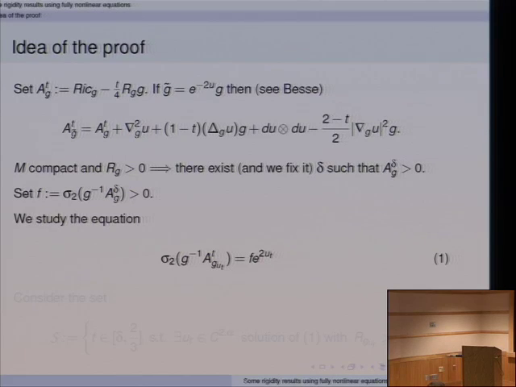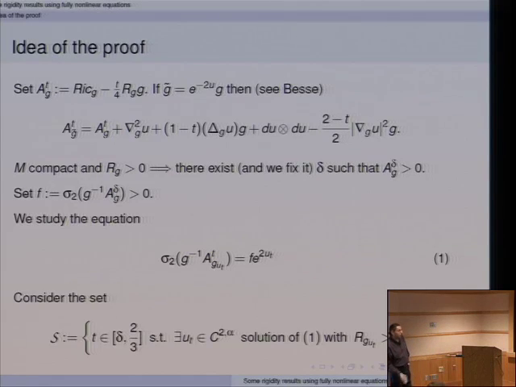And what is G_{u_t}? G_{u_t} is this metric with u_t as a conformal factor. Because of this formula, as explained by many speakers, this is a fully nonlinear equation.